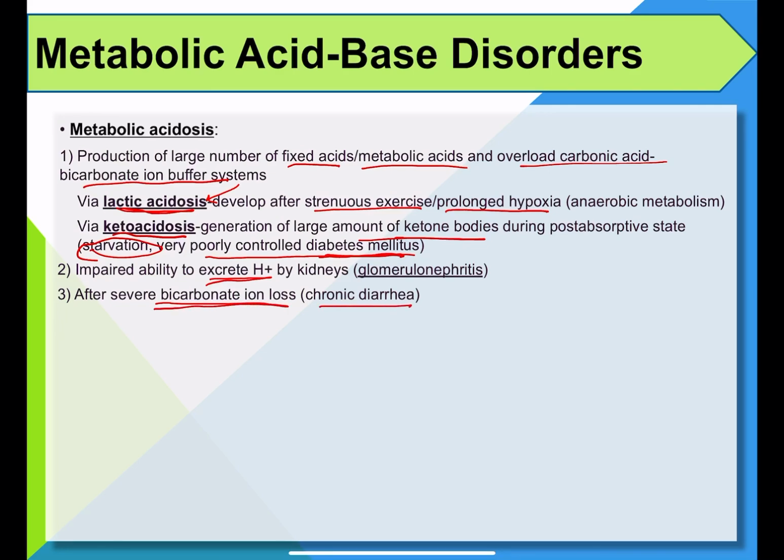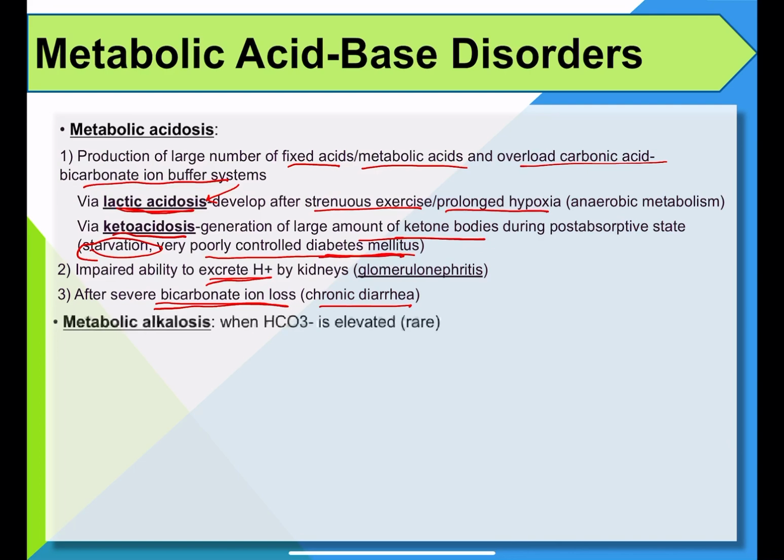This is what we're talking about: other than electrolytes, you are losing bicarbonate ions as well when you are having bouts and rounds of diarrhea. Because you're losing so many bicarbonate ions, you end up accumulating too many hydrogen ions, and that can lead to metabolic acidosis.